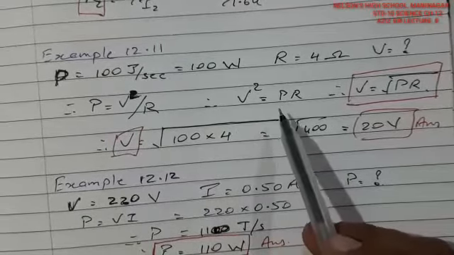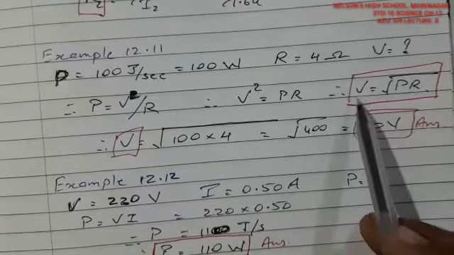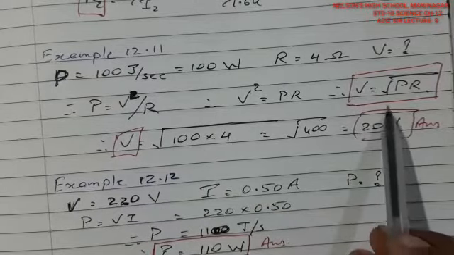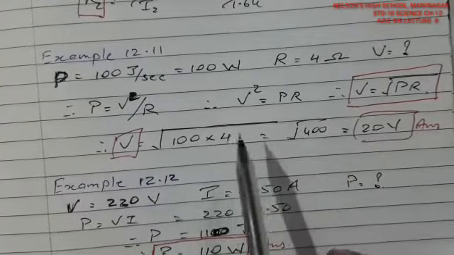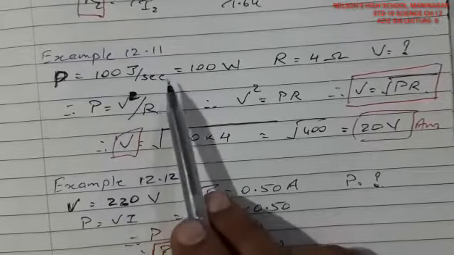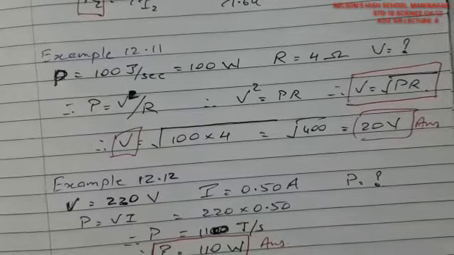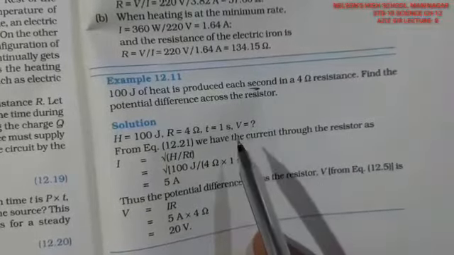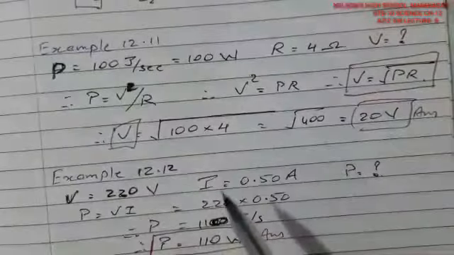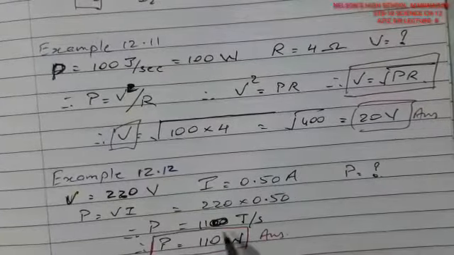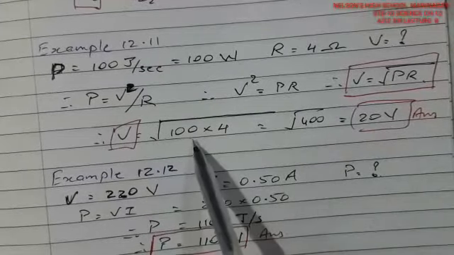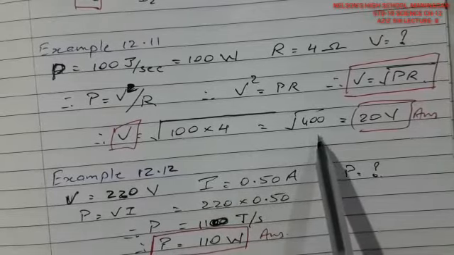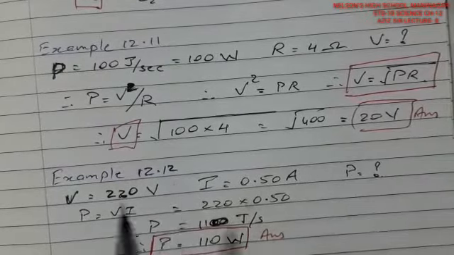So V square will be equal to P into R. So V will be equal to root of P into R. They have given that 100 joules is produced each second. That means this is particularly the power only. So this is 100 joules per second, this is power, and this is 4 ohms. So 4 multiplied by 100 will be 400, and the root will be equal to 20 volts.